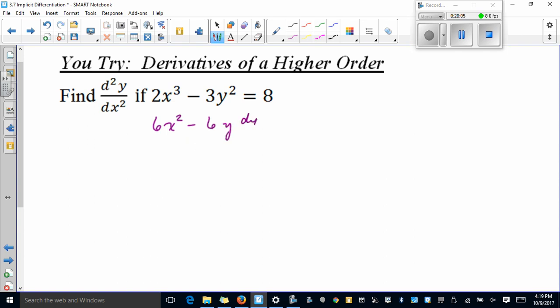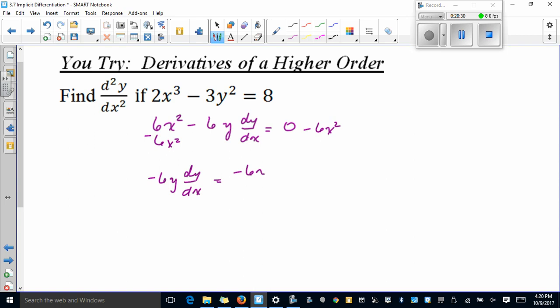Now with the 6's in here, we can go ahead and cancel them out, or we can just keep playing with it. Let's subtract the 6x squared from both sides. So you get negative 6y dy dx is equal to negative 6x squared. Divide both sides by negative 6y.